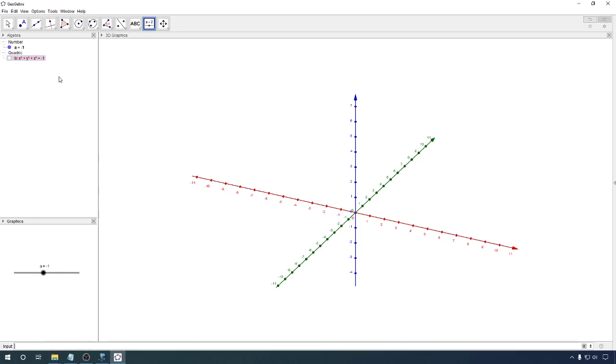Now, nothing showed up, but that's because the number that I'm plugging in there was -1. There is no solution to x squared plus y squared plus z squared equals -1. If I move that to positive numbers, it actually does go ahead and show us something. And as you might expect, x squared plus y squared plus z squared equals a number is a sphere. It's actually a sphere of radius square root of a in this case.